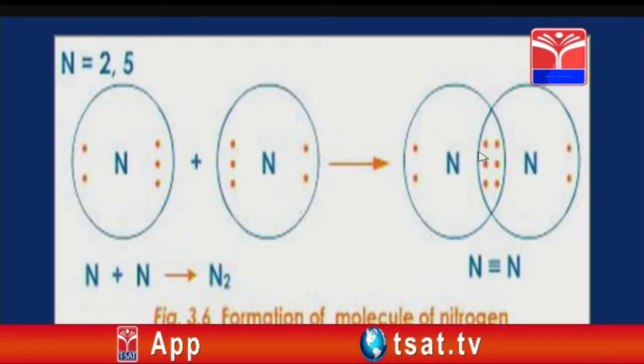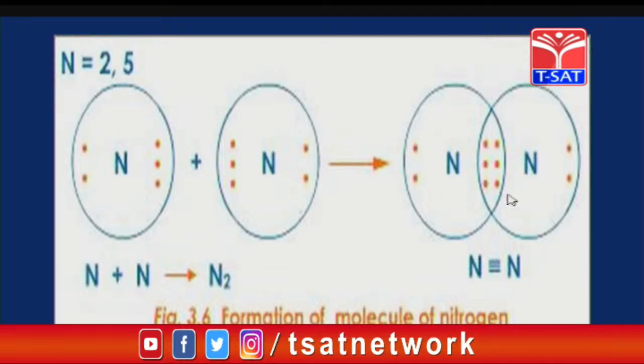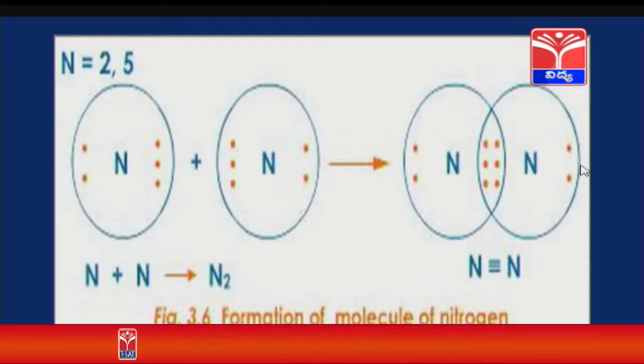If you look at this picture, this is the first pair of electrons shared between 2 nitrogen atoms. This is the second pair, and this is the third pair of electrons shared between the 2 nitrogen atoms. Thus, a nitrogen molecule is formed when 3 pairs of electrons are shared between the 2 nitrogen atoms.